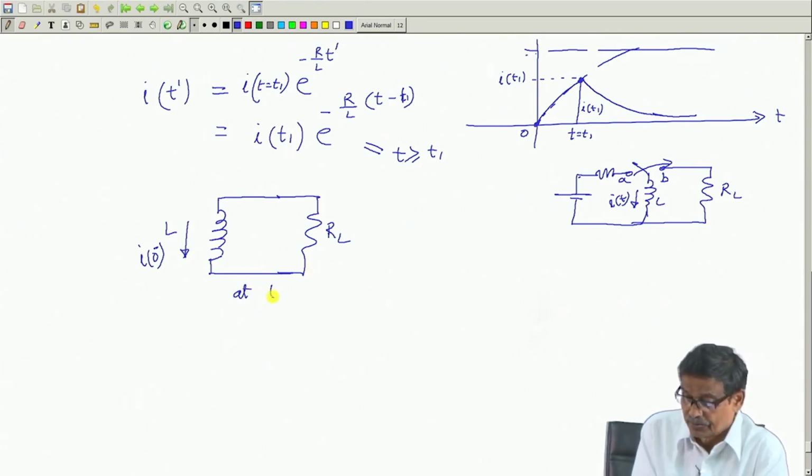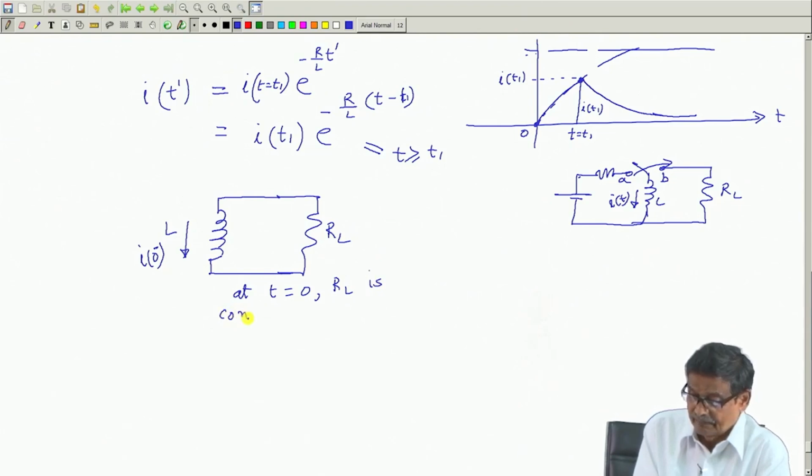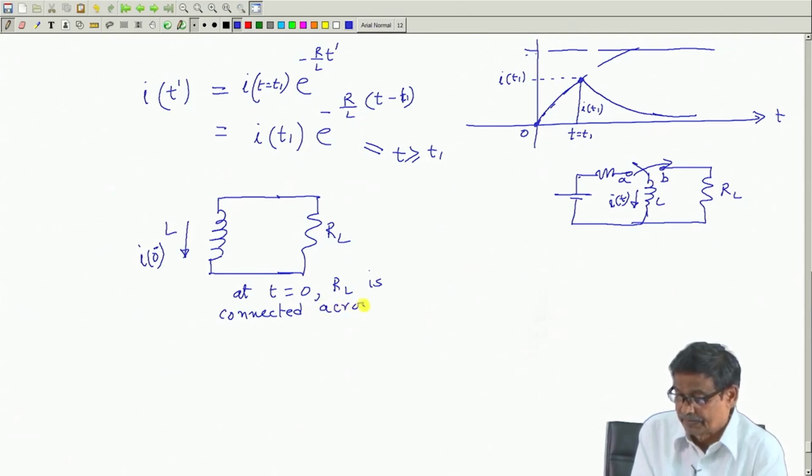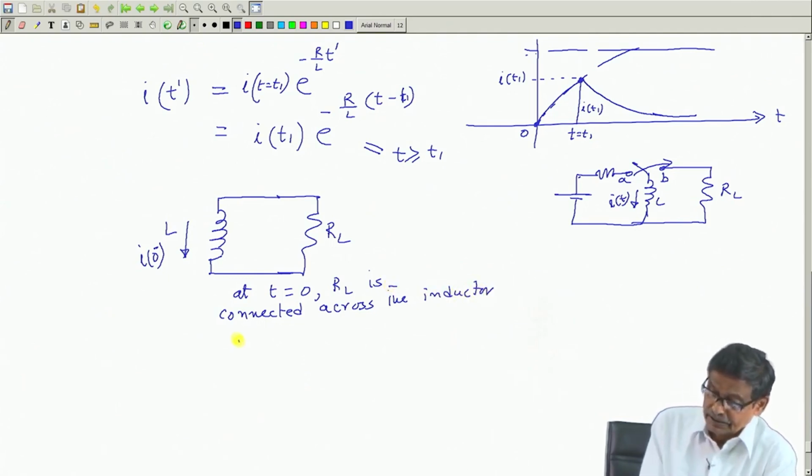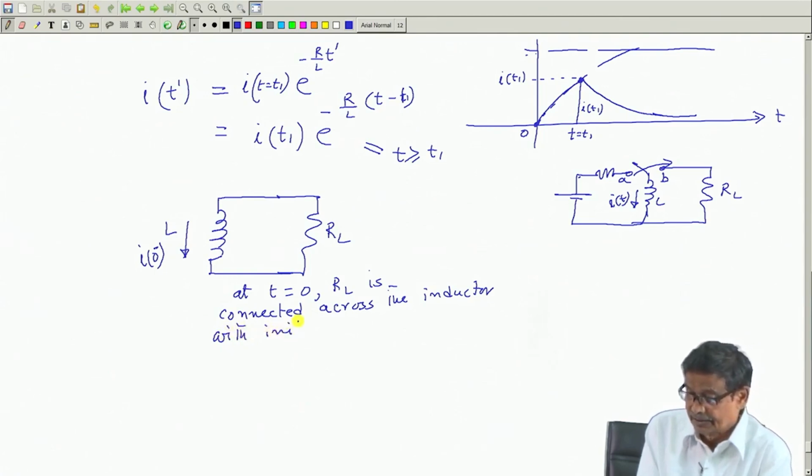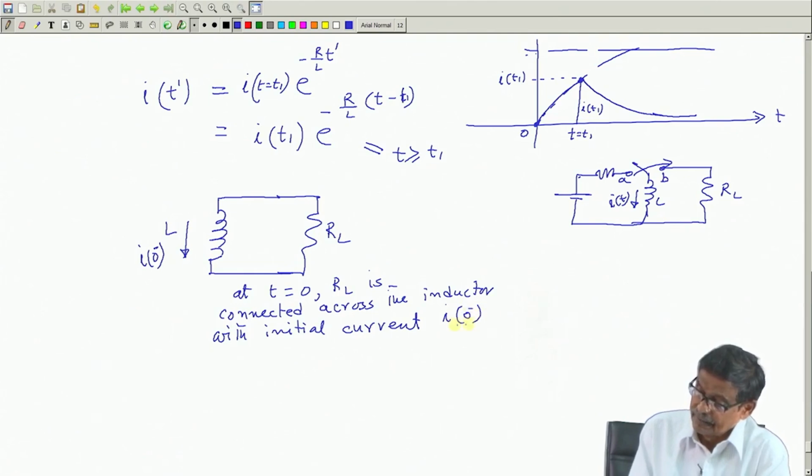At t equal to 0, R L is connected across the inductor with initial current I 0 minus. In bracket you can write inherited.